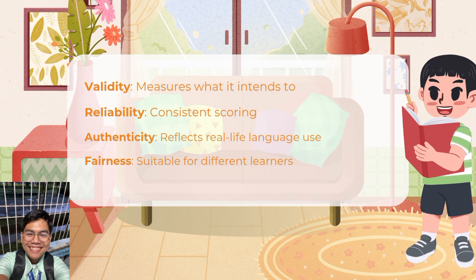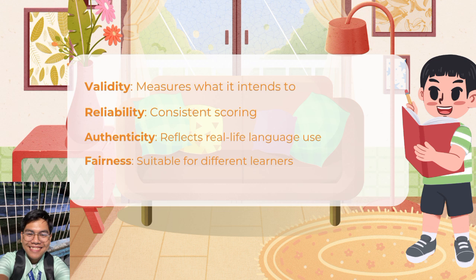It's very important because grammar assessment focuses on the measurement of what we are going to assess. It's either their grammar, their vocabulary, or the usage of their grammar in sentences. Second, reliability, consistent scoring.